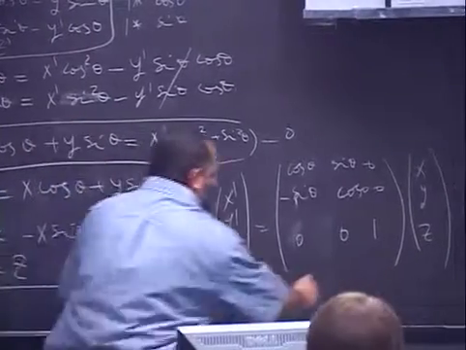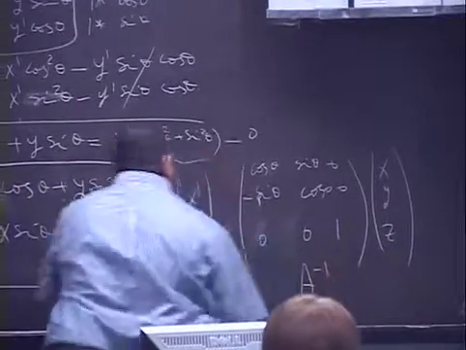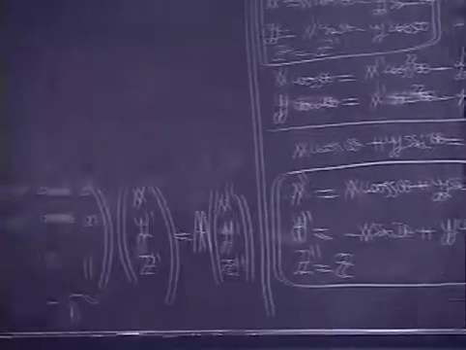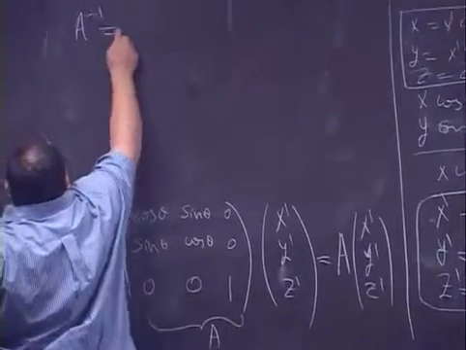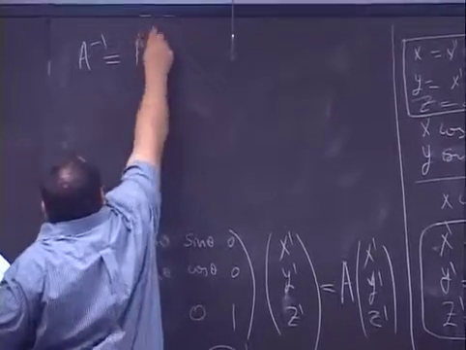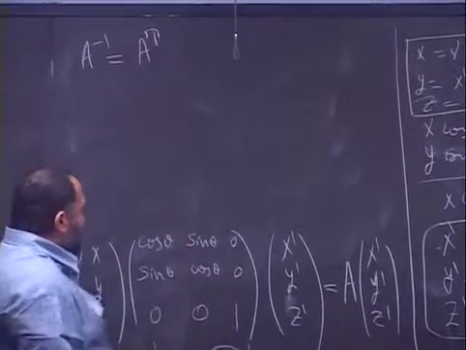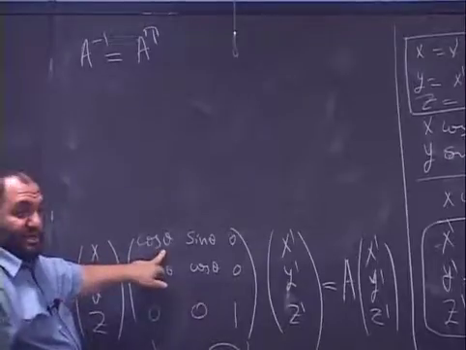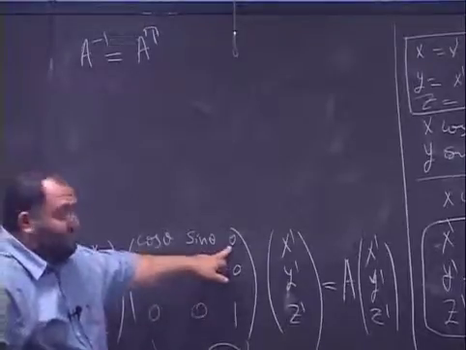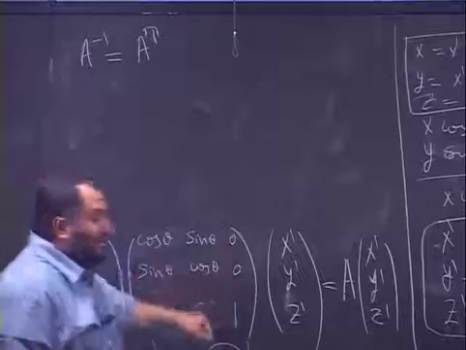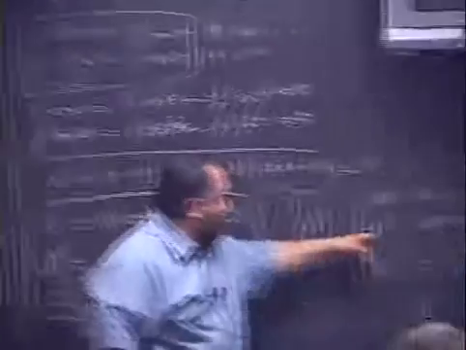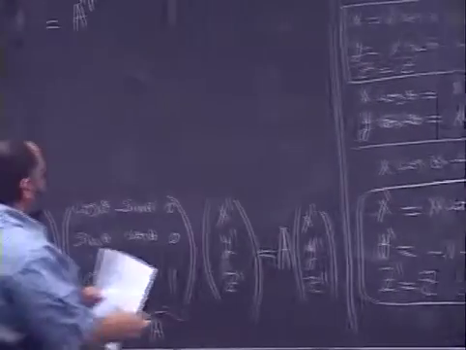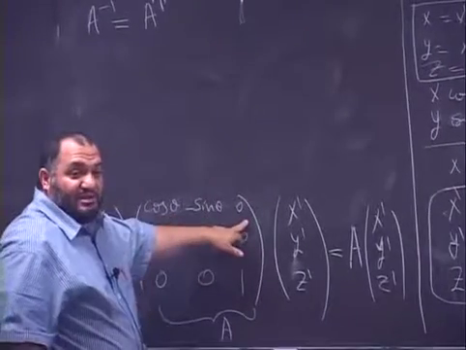So this is A inverse. You will notice that A inverse is nothing more than the transpose of A. Try to transpose this. Cosine, sine, 0. Yes? Cosine, negative sine, 0. There is a negative here.